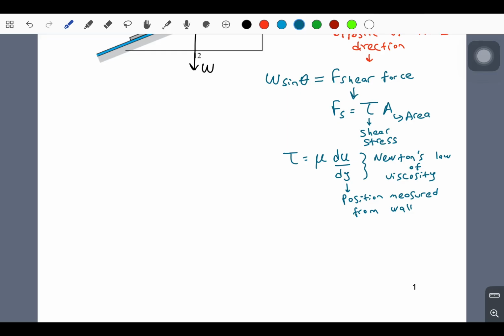And we can actually write it in another form. So let me continue from here. We can actually write it like velocity over the distance. So let me write delta y. And since we said this is equal to shear force, this will be equal to dynamic viscosity times velocity gradient times area.